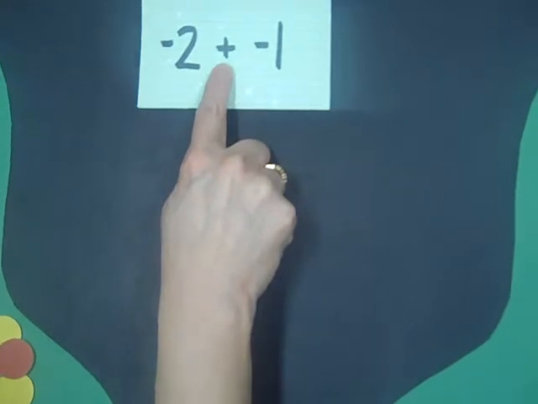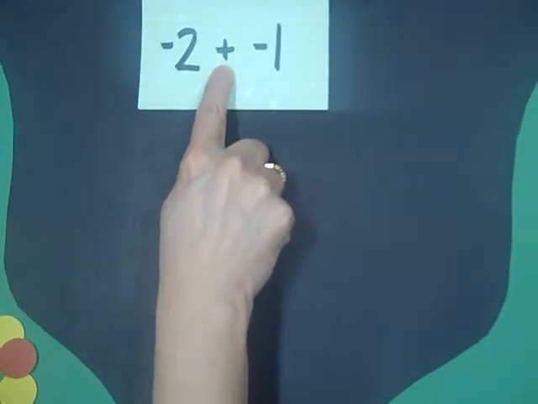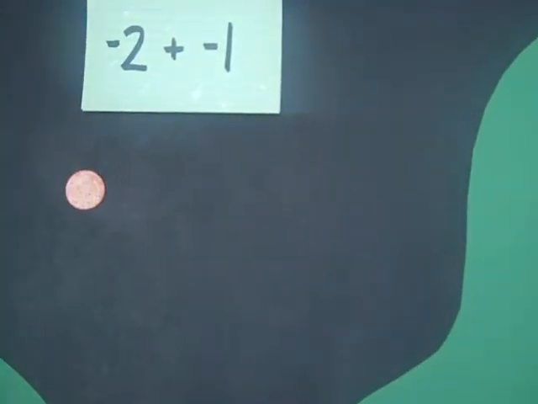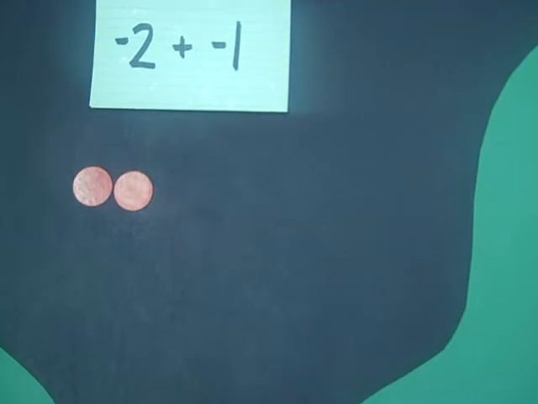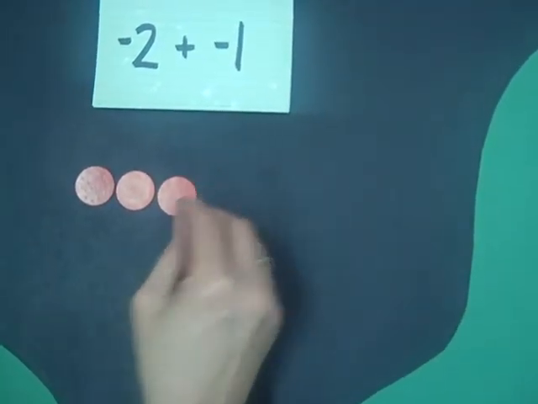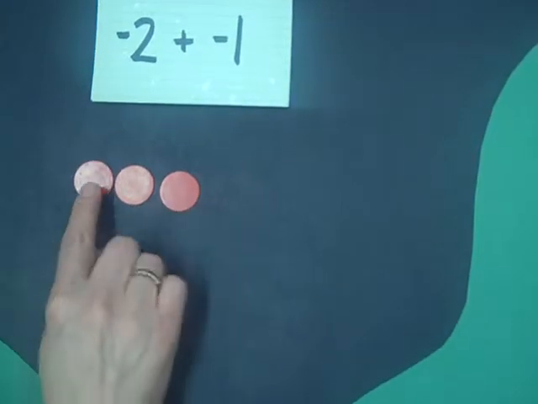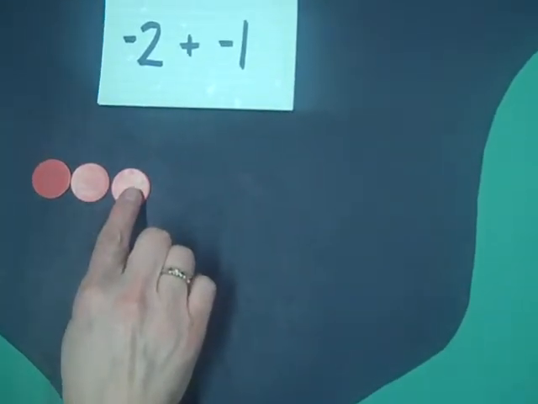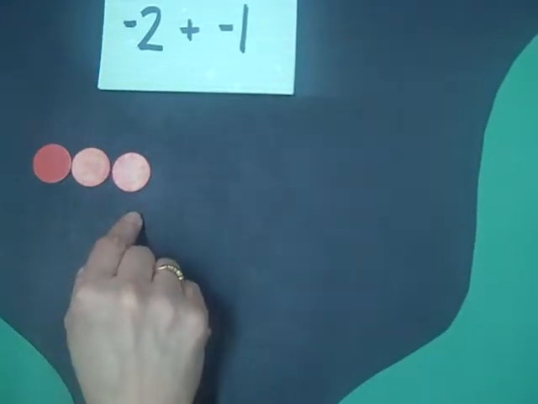So this means I'm going to be adding it to my board. So what does minus 2 look like? And what does minus 1 look like? And I am adding that to my board. So minus 2, add a negative 1 will get me minus 3.